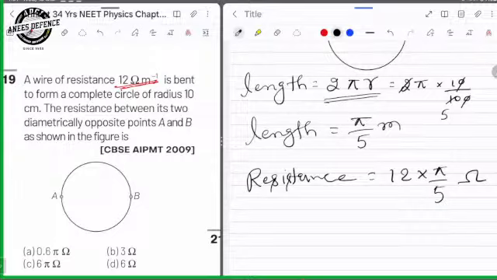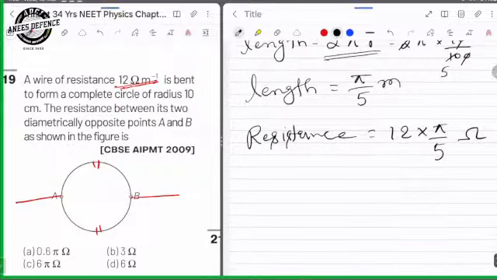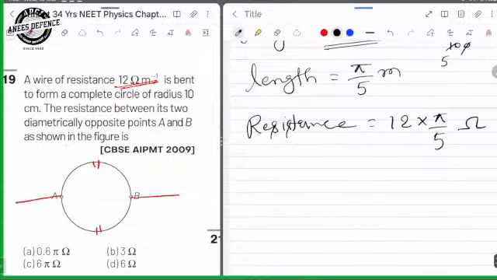The resistance between its two diametrically opposite points A and B: you have to calculate resistance between A and B. Means half portion is A to B and the next is B to A, both parallel to each other. But your total resistance is 12 pi upon 5.